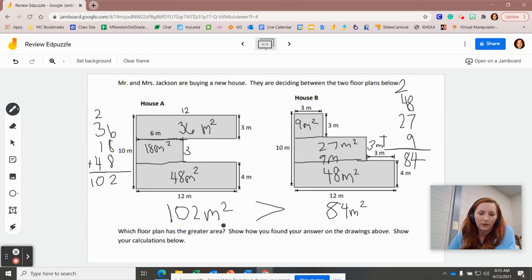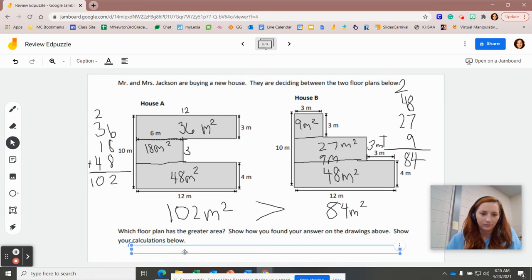It says which floor has the greater area. Show how you found your answer on the drawing above and show your calculations below. So I would write: house A has the greater area. I know this because the area of house A is 102 meters squared.